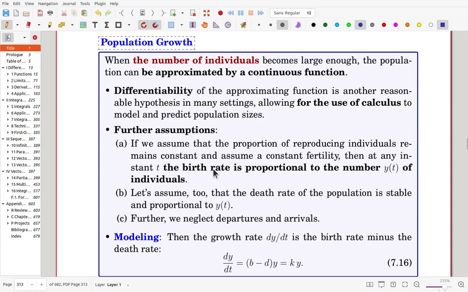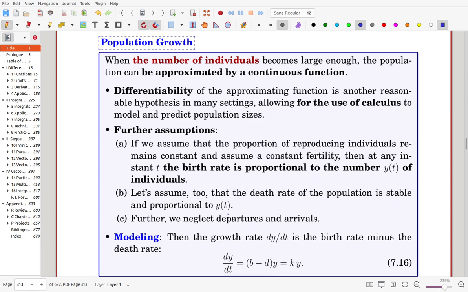We also assume that the death rate of the population is stable and constant, and of course proportional to y of t. The final assumption is that departures and arrivals are negligible.